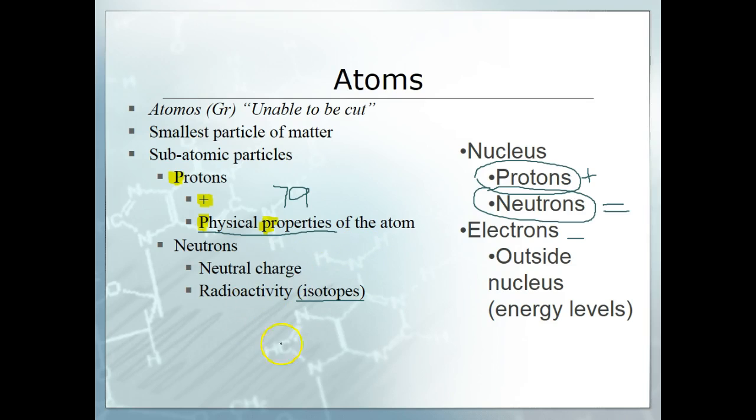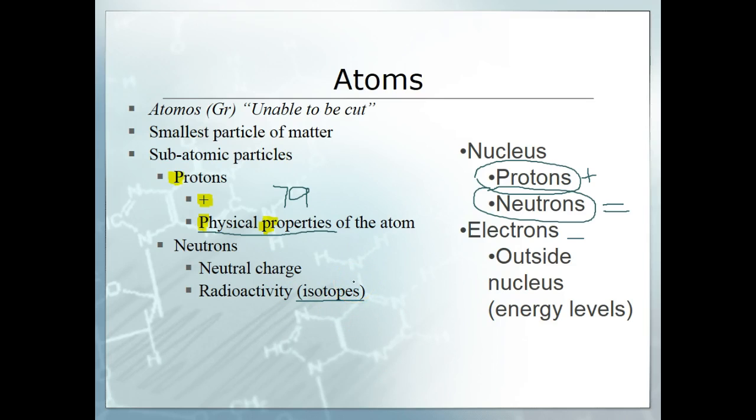If an atom has 79 protons, and I'm not quite sure how many neutrons gold has, but let's just assume it's equal, if a normal gold atom has 79 protons and 79 neutrons, then an isotope would be 79 protons, so it's still gold, but maybe it has 81 or 80 neutrons. So if the neutron number changes, then the atom becomes an isotope.